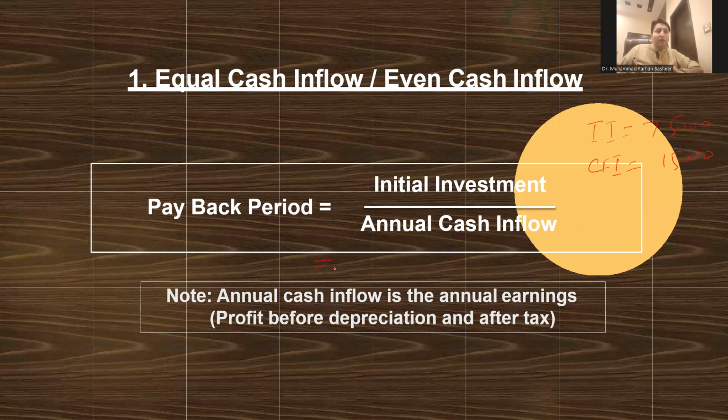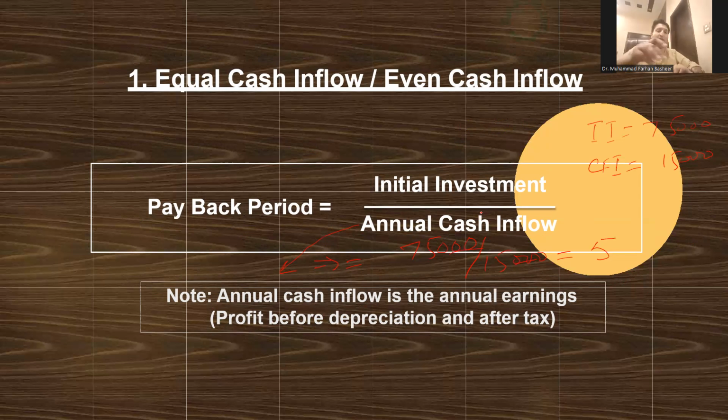So putting these values in the formula, we get 75,000 divided by 15,000, which is equal to 5. Here, keep in mind that this annual cash inflow is profit before depreciation and after tax. When we use actual data, we will use these proxies. So the annual cash inflows are proxied by profit before depreciation and after tax.